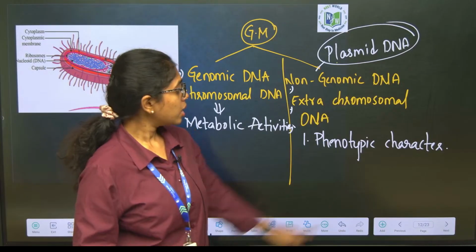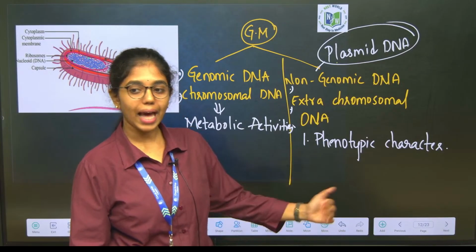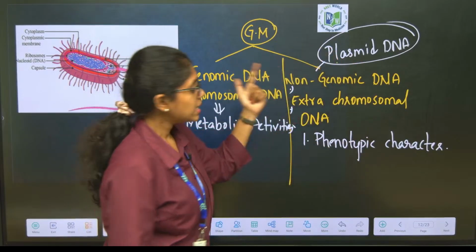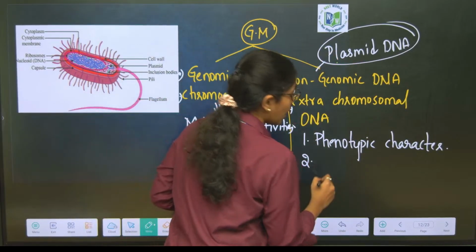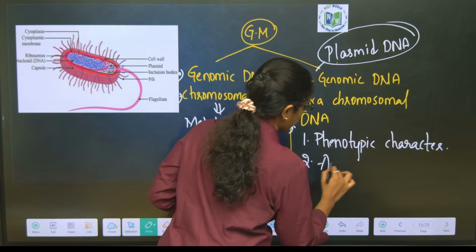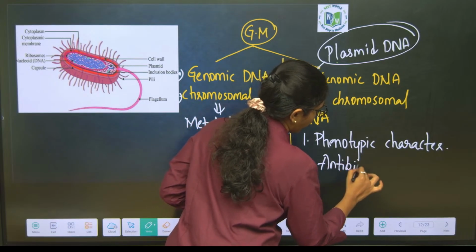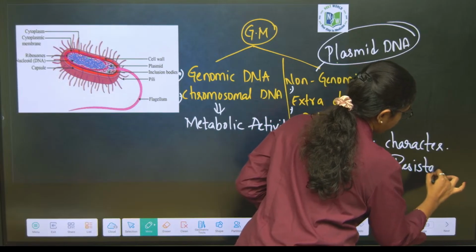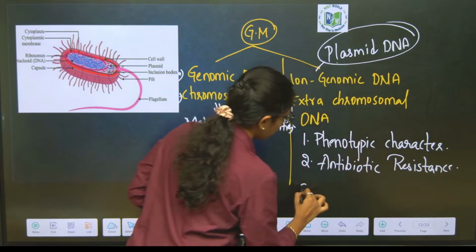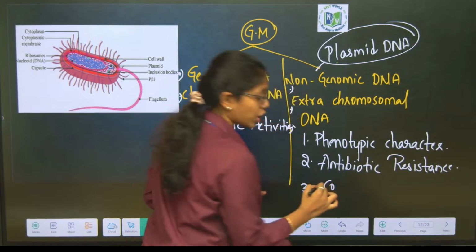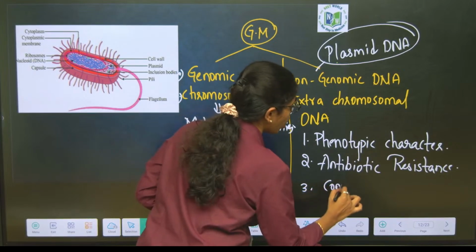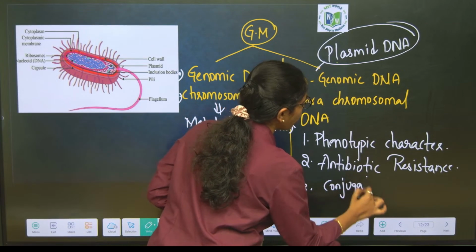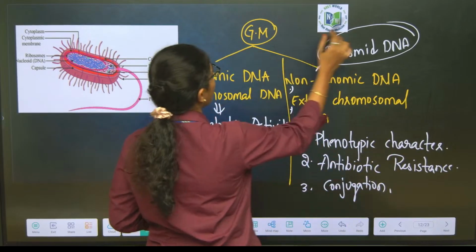Based on that, the specific phenotypic character is allotted by plasmid DNA. Second is providing antibiotic resistance. And third is sexual recombination, that is conjugation, by forming a conjugation tube.